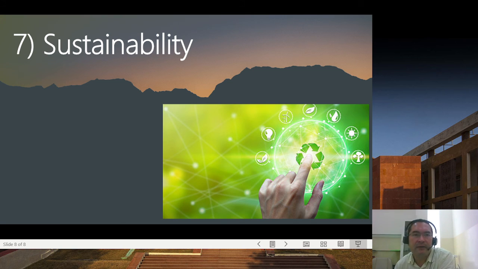So finally, the last but not least principle is sustainability. I think that nowadays in any kind of human activity, we think about this problem: how can we ensure that what we are doing is not affecting the environment and the life of other beings on this earth?